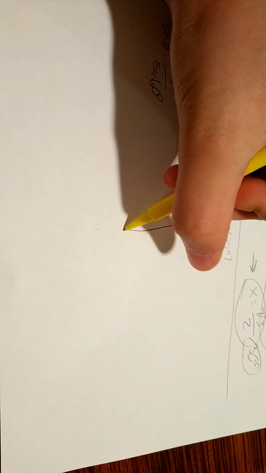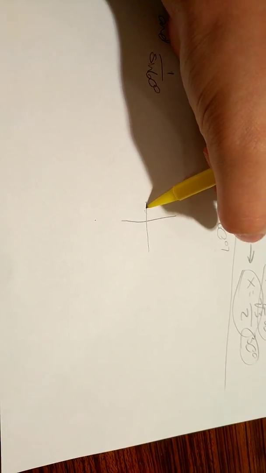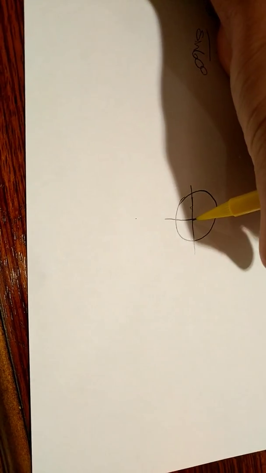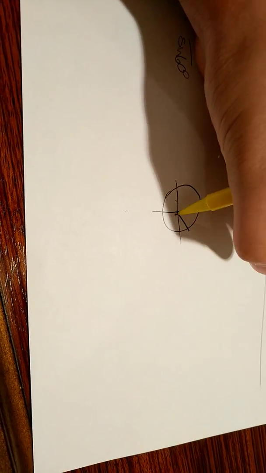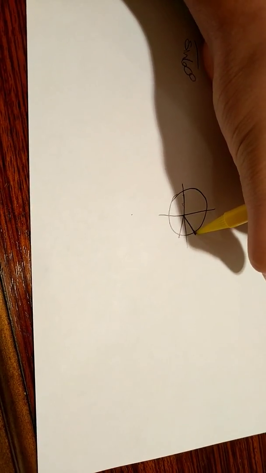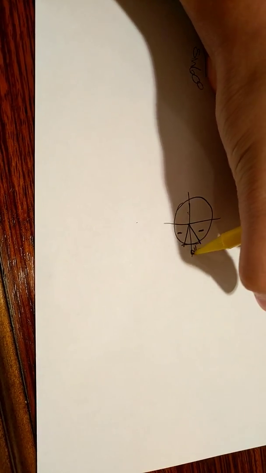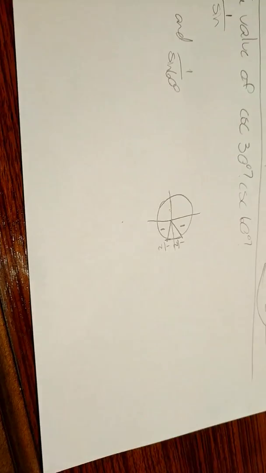So let me go over here and draw my unit circle. If I have the 30 and the 60 degrees, I'll just start with the 30 degrees. This is just what I did right above, nothing new.